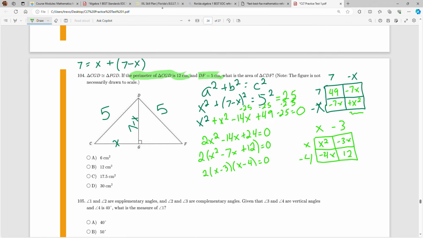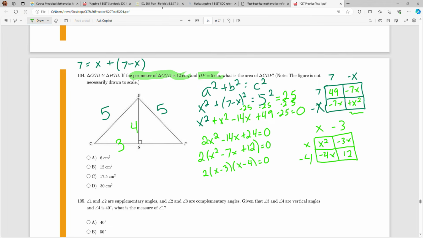So I know that these sides over here are 3 and 4, because that's when the factors equal 0. So I can get rid of this, and I'll call this one 3, and I'll call this one 4.